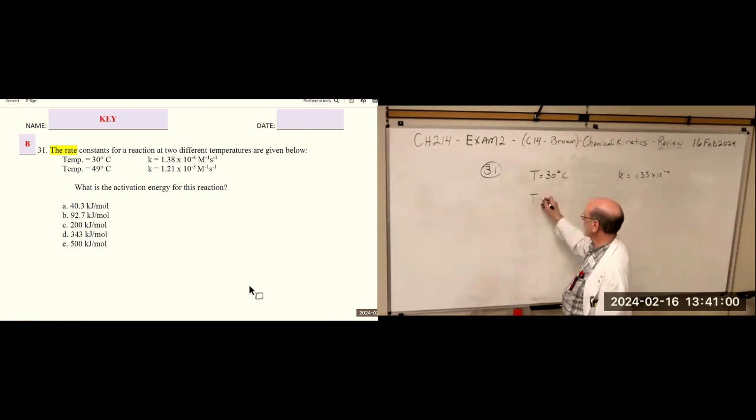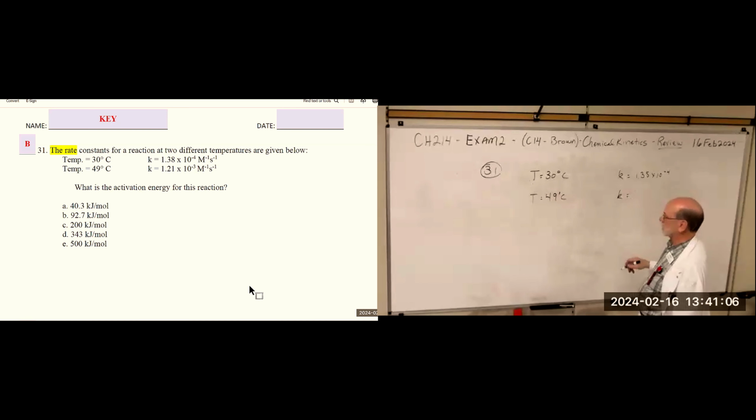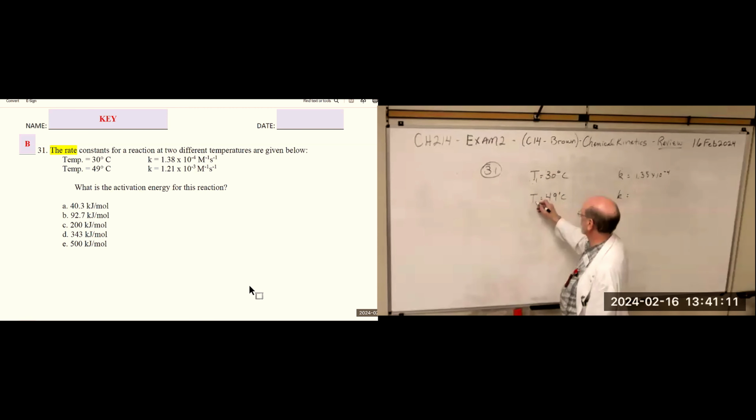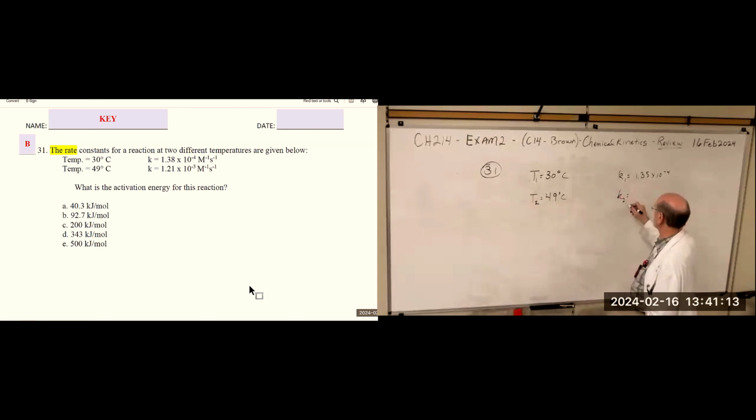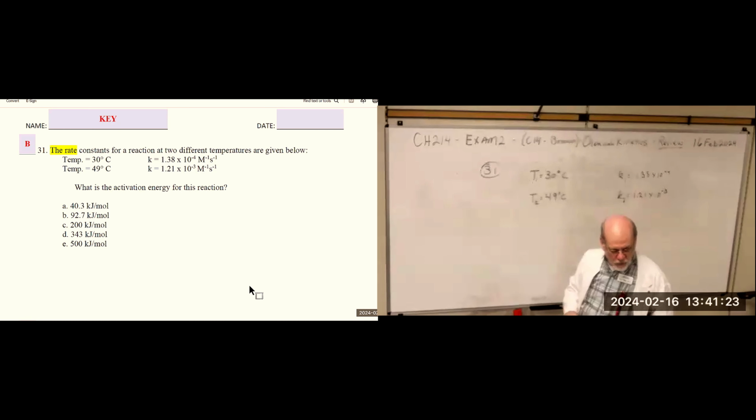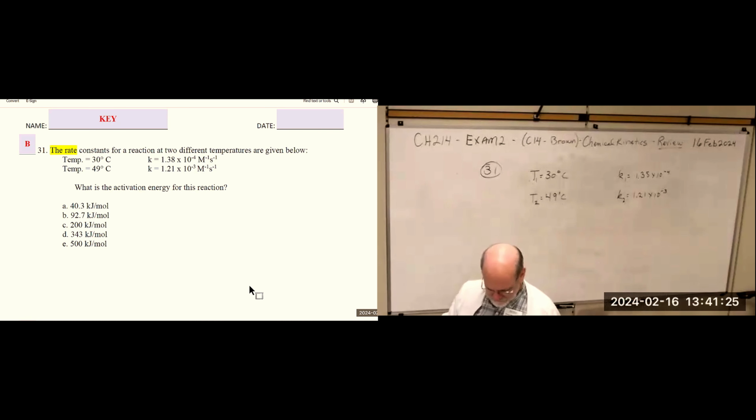And at temperature equals 49 degrees, the K for that one, let's say this is K1 and this is K2, is 1.21 times 10 to the minus 3. Okay. So what's the activation energy?